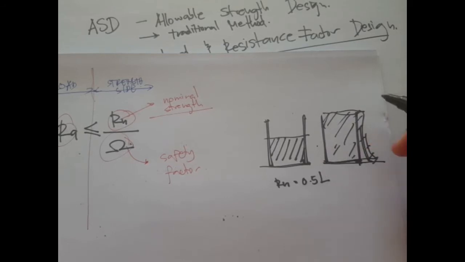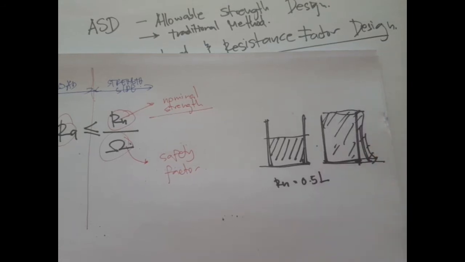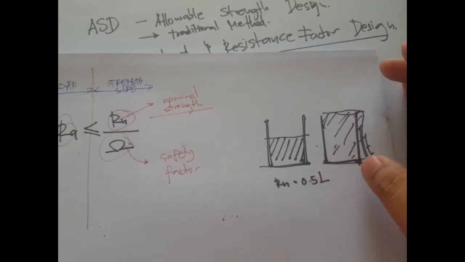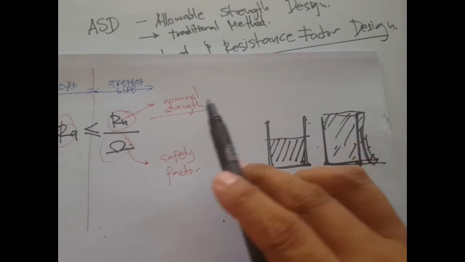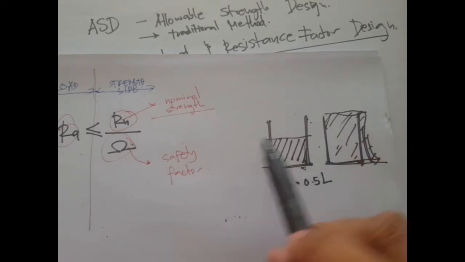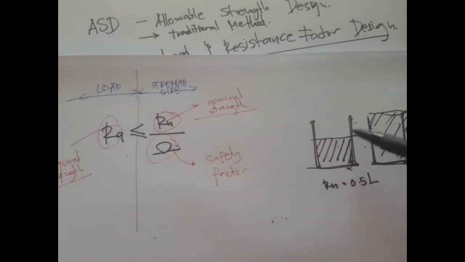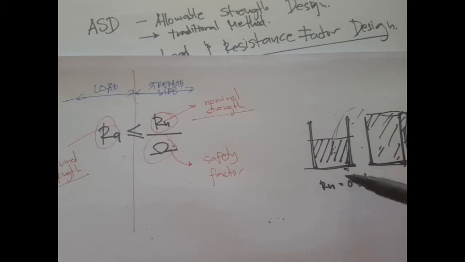In that way, that's the failure of the material. So this capacity is the strength, whereas this required strength is on the load side. That's the volume of the water in this glass.